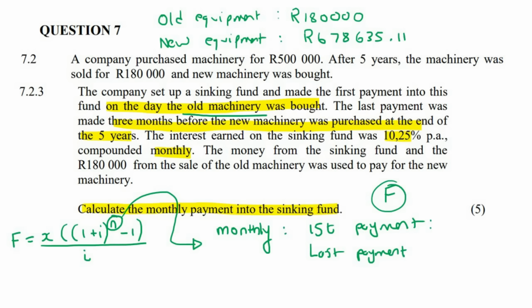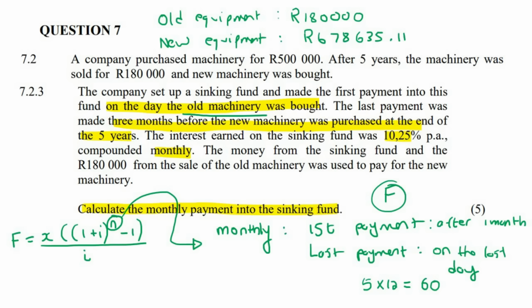Well done if you remember that the first payment is normally made after 1 month, and the last payment is usually made on the very last day. If that is what they did, then to work out the number of payments, you would take the 5 years and multiply that by 12, because that would be 12 months in a year, so that would be 60 payments. That is the normal scenario.